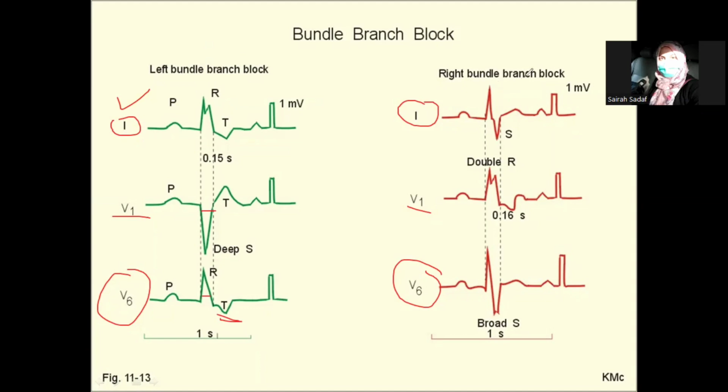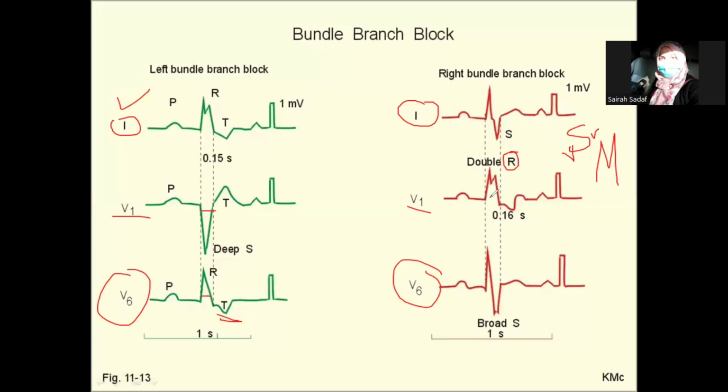In case of right bundle branch block, there will again be the opposite of the normal findings. As we know, usually there is no R wave in lead V1. But in right bundle branch block, not only will there be an R wave, but it will be in the shape of M. It's also known as the RSR pattern, RSR or M, and it will be very broad.